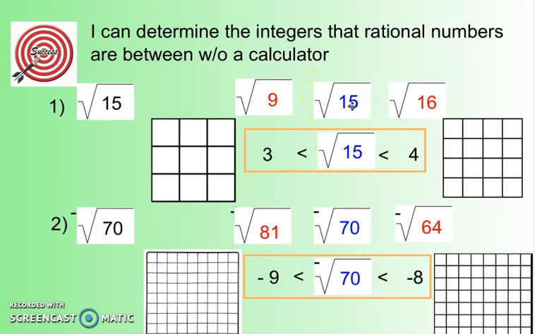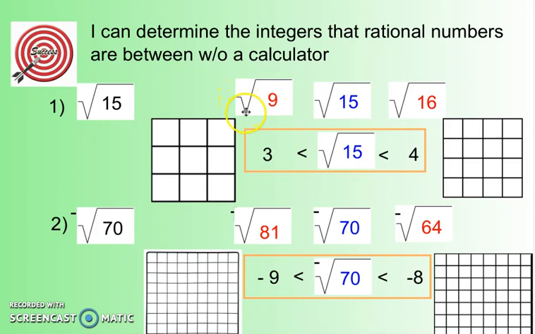So I look for numbers below it that I could get a perfect square root. I know that square root of 14 is not a perfect square root. Square root of 13, not a perfect square root. Square root of 12, square root of 11, square root of 10, none of those are perfect square roots.